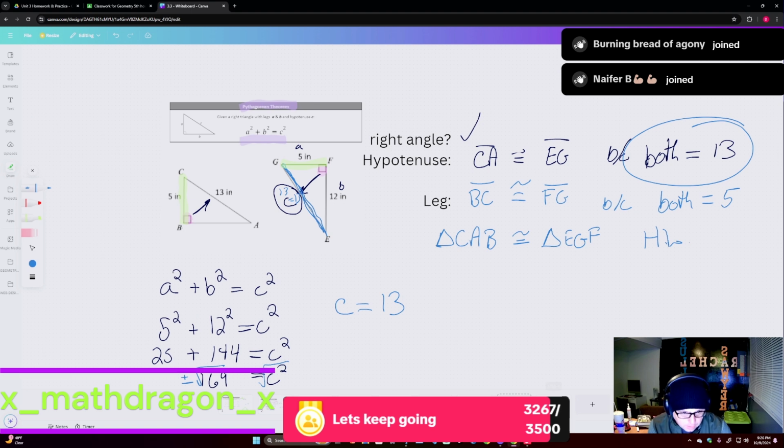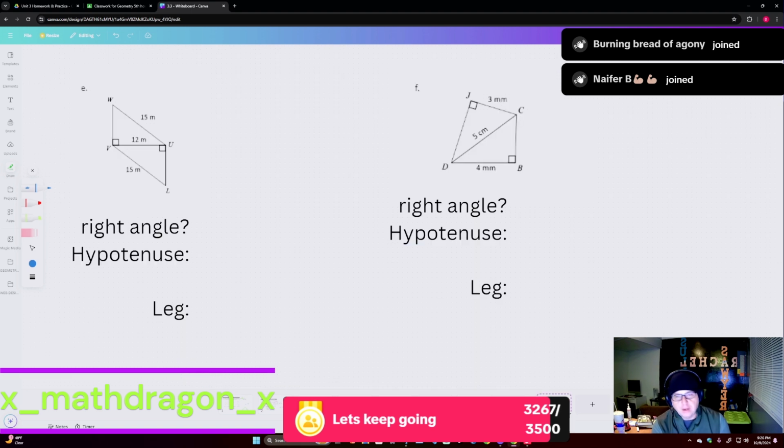Awesome. And then here's a couple more that I would have my students do. But hopefully you can recognize that the 90 here, the 90 here. Here's my hypotenuse for both of them, which is equal on both of them.